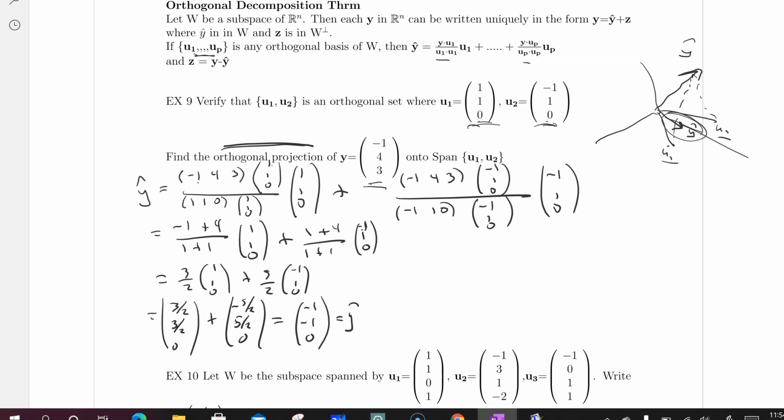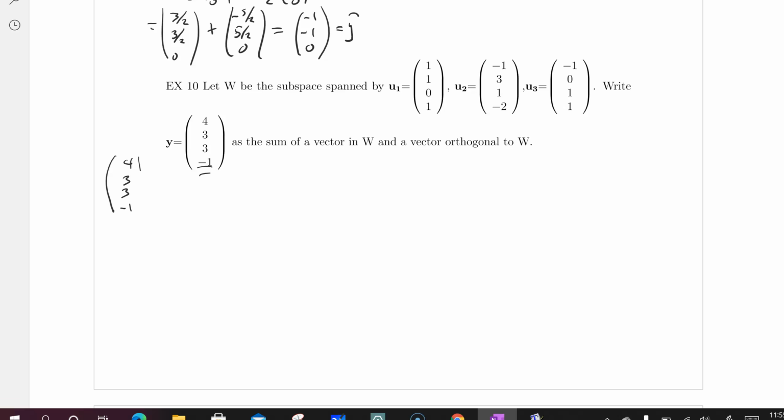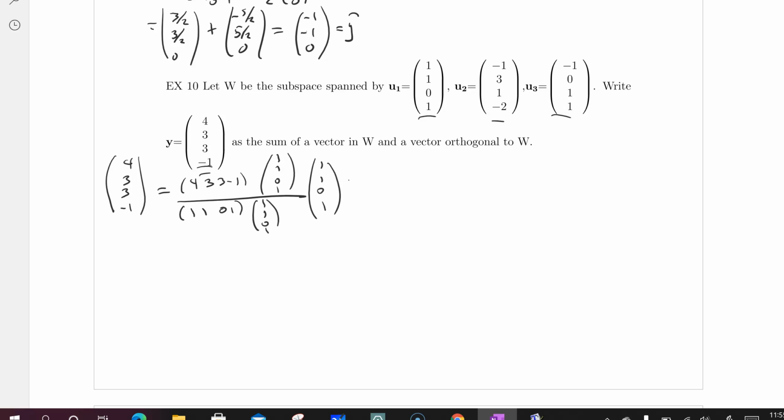Okay, so this one's going to be a little longer because now I have 3 vectors to write y as a linear combination of. You might want to turn off the video to see if you can do this yourself. So this vector y, 4, 3, 3, -1, I'm going to write as a linear combination of these 3 vectors. That means I take this and dot it with u1, over u1 dotted with itself, times the vector u1, plus.